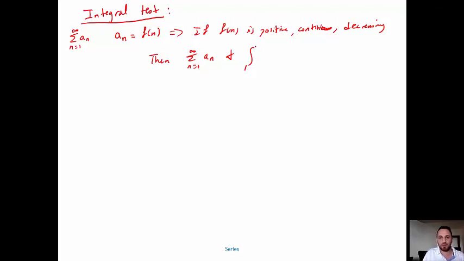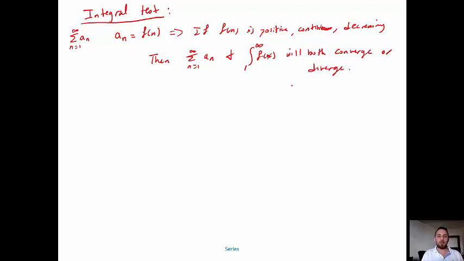Here we have from 1 to infinity, so you can take 1.1, 1.2, 1.3, and so on, of f of n, or f of x. Then the series and the integral of the function will either both converge or diverge.